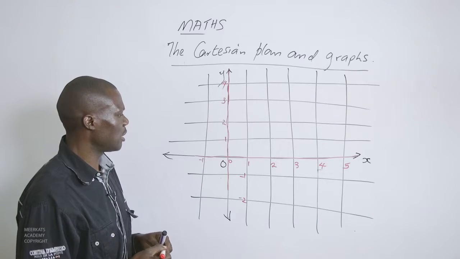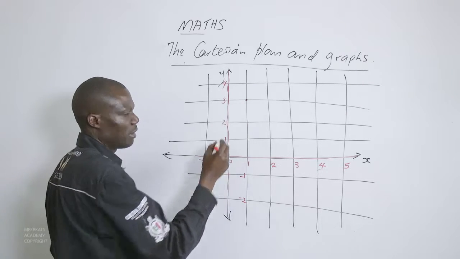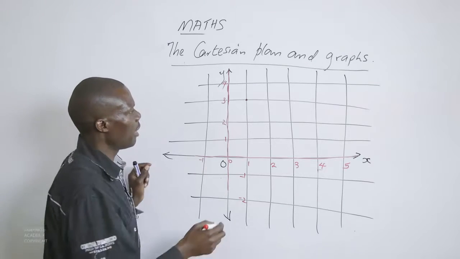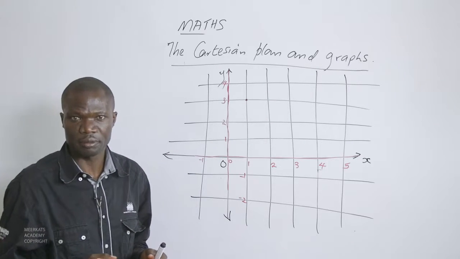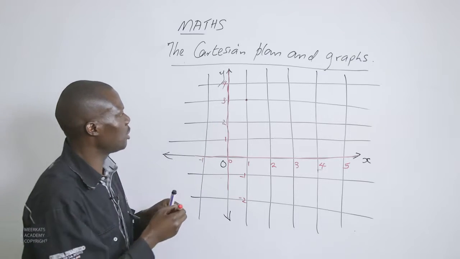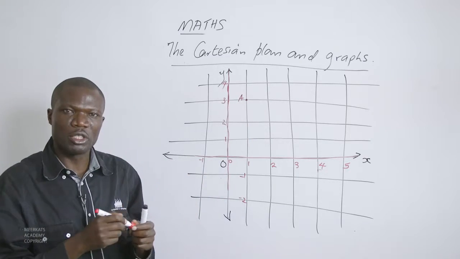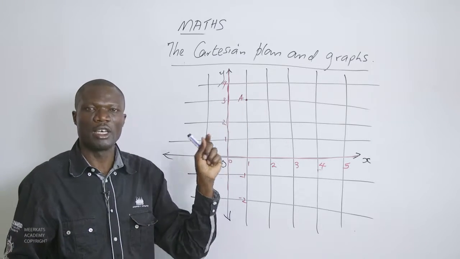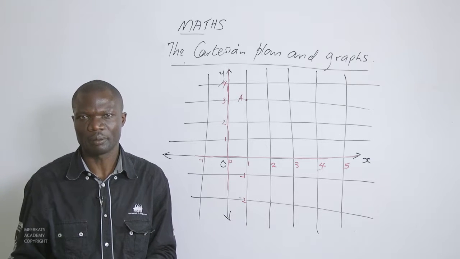Now, looking at this Cartesian plane, if I have a point here, and I ask you to tell me what this point is, what is the position, let me call it letter A, what is the position of the point A on this Cartesian plane?